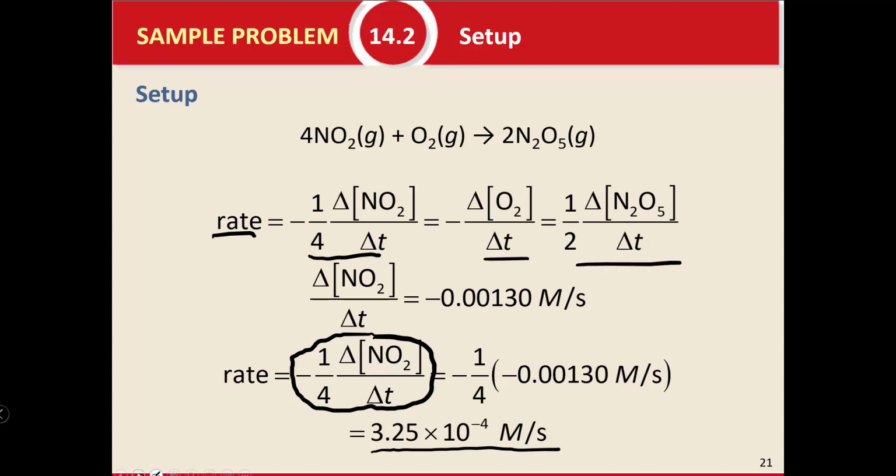We know what the rate is with respect to the nitrogen dioxide. We plug it into this equation, and we find the overall rate. This is the overall rate, or the rate of reaction. This is called the rate with respect to the nitrogen dioxide.